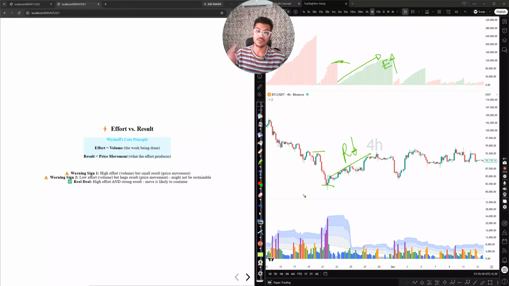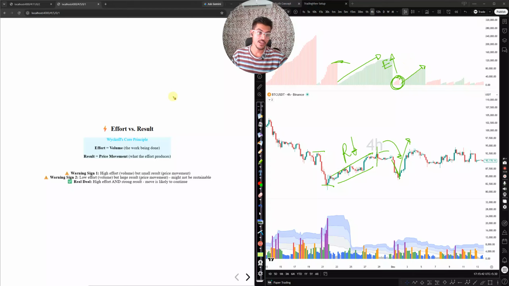It's not there. So that's warning sign one, that not much buying is occurring. After this, selling will come into the market, but what we see is selling is also not there. Here effort is less and the result is also less.